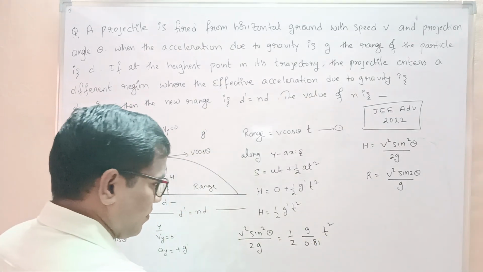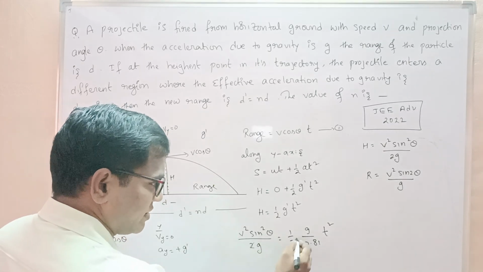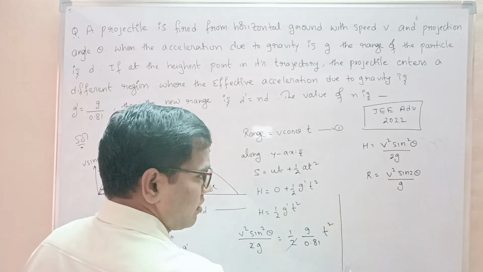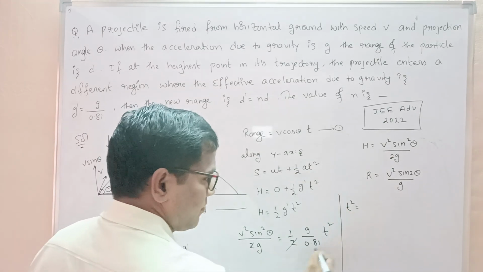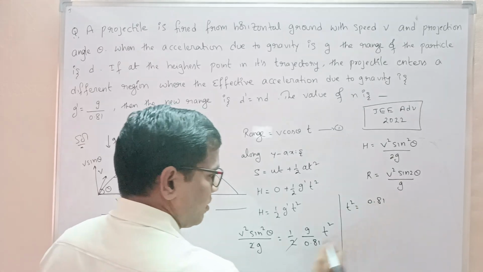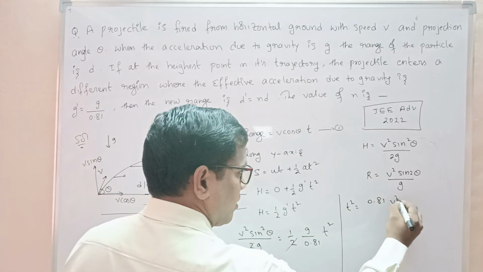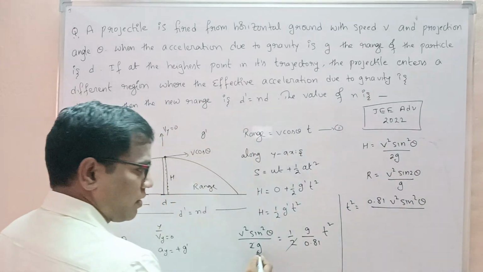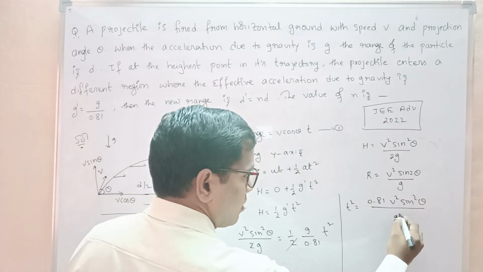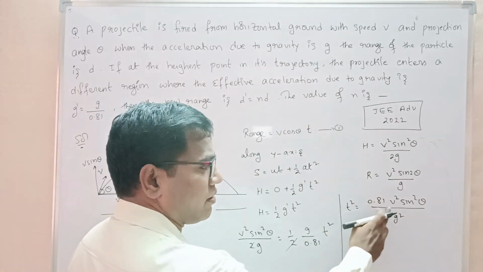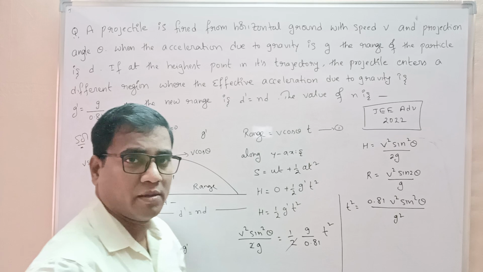Now these two and these two get cancelled. Then t square can be written, cross multiplying, as 0.81 v square sin square theta by g square.